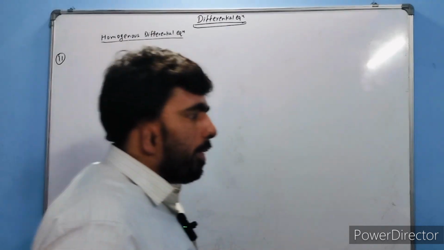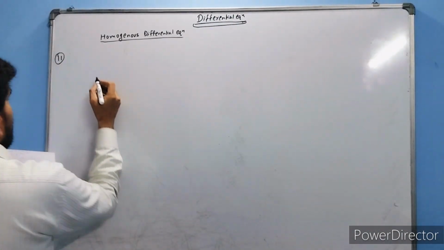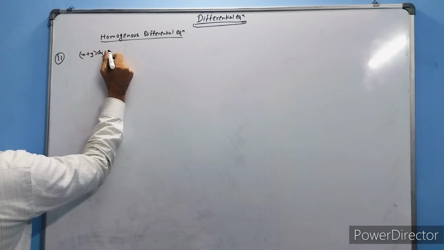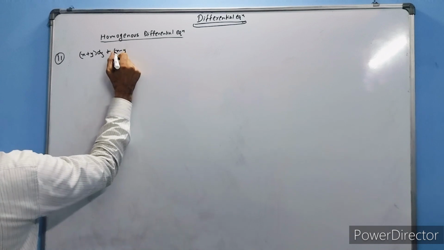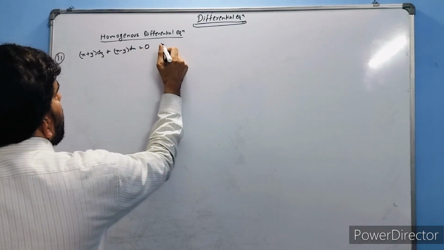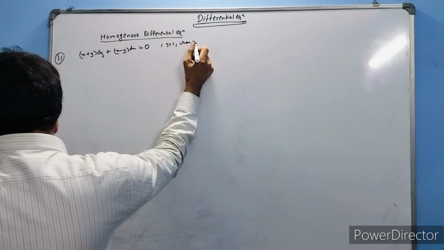What they say about the 11th question is, they have (x plus y) dy plus (x minus y) dx is equal to 0, and they have also given the condition, that is y is equal to 1 when x is equal to 1.